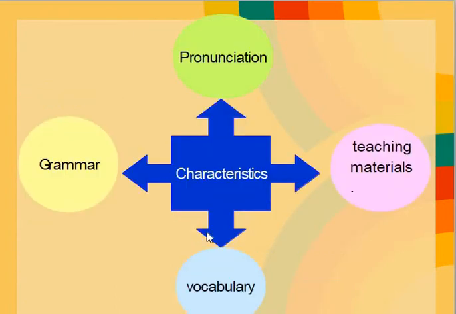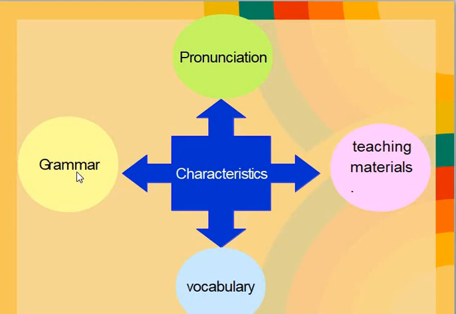So the basic characteristics of the audiolingual method are these. The focus is given to pronunciation, because here the instructor provides the pattern of the language. First of all, the pronunciation of the students is improved because they listen, then imitate and speak.